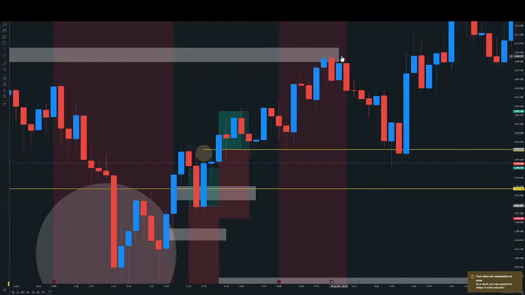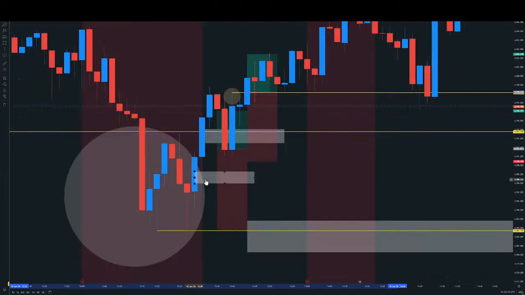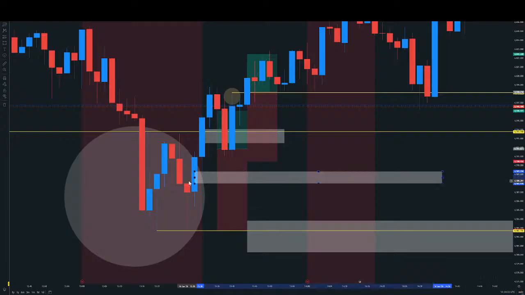After taking out this fair value gap, the market hits it and then reverses immediately. Don't forget we have a little fair value gap here. It might not be today, but the market is actually going to come and take out this fair value gap and make a reversal.